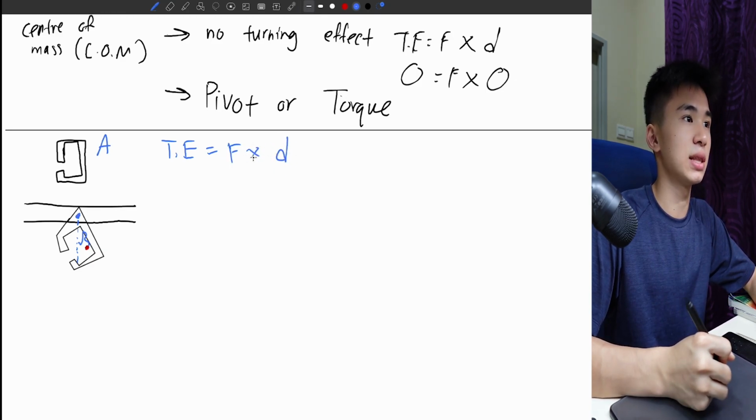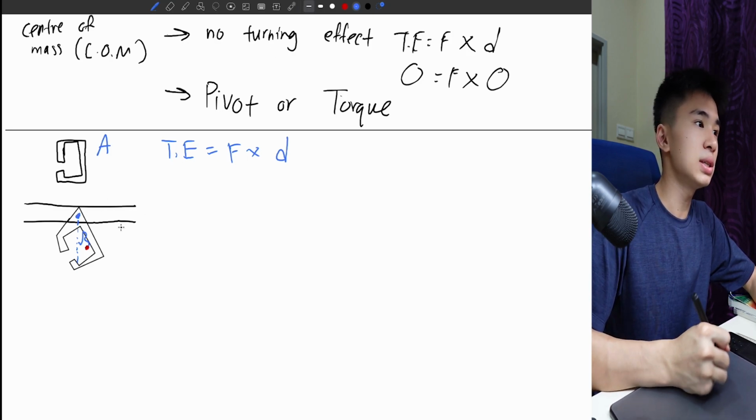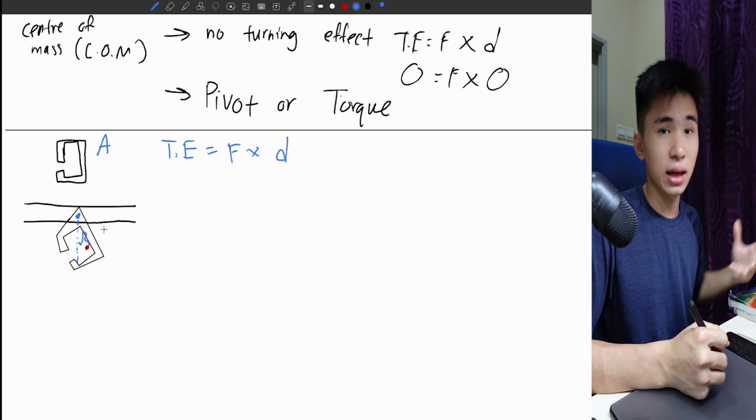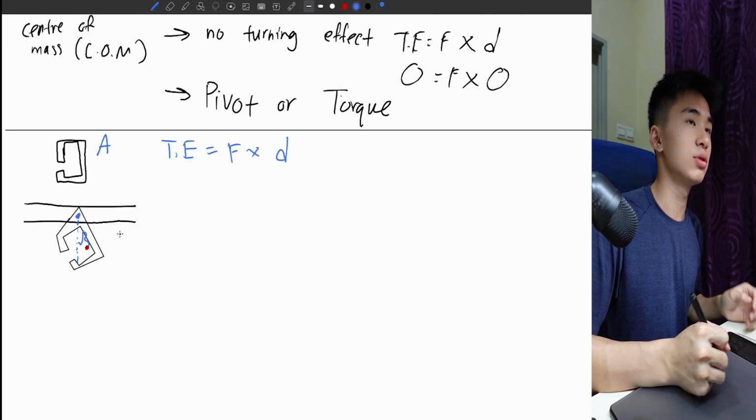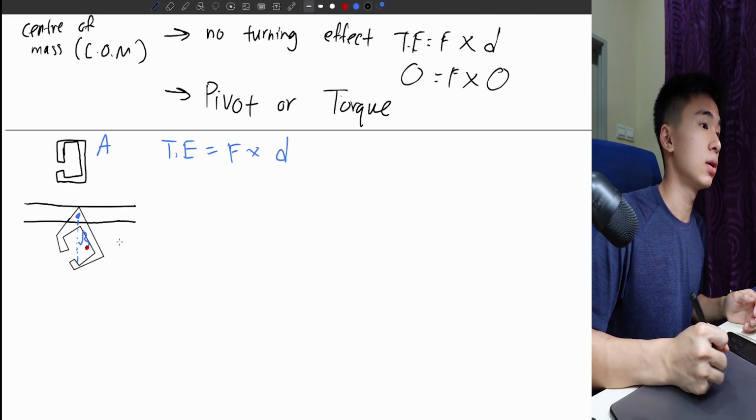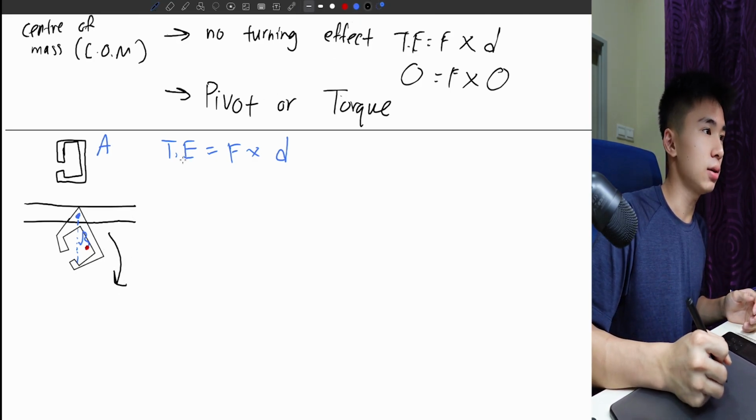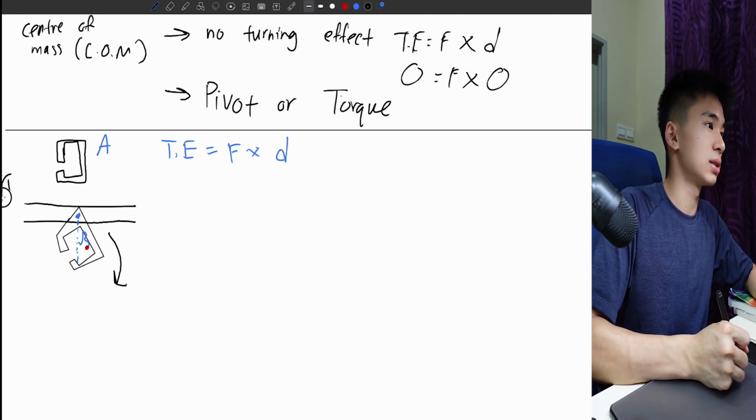If there is distance, there is turning effect. So if we hang object A like this, it is most likely to have a clockwise turning effect. Let us name this diagram 1.